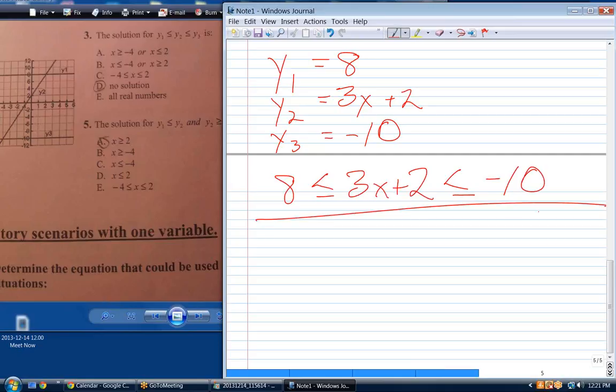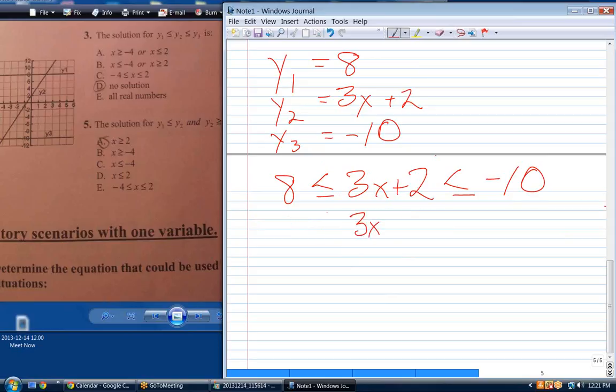And now the key is to solve that. Solve this as two different inequalities. Solve it as that, and then solve it as that. Solve the left one first.